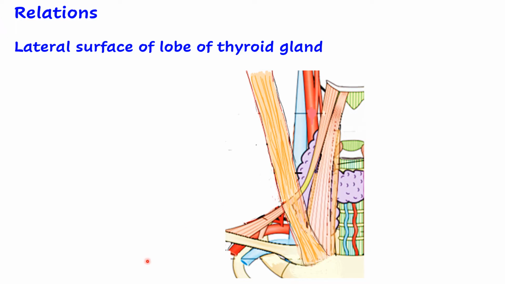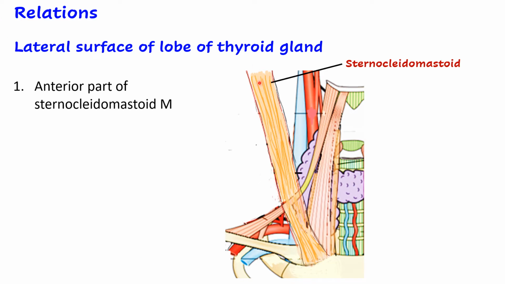Which are these muscles? You can see here the huge muscle sternocleidomastoid, its anterior part. Some of the books mention anterior border because it will come in relation to the lateral surface of the thyroid gland. Then we have 3 more muscles here. These are strap muscles or infrahyoid muscles.